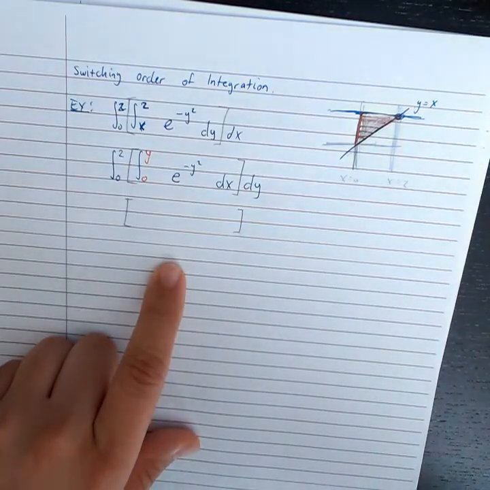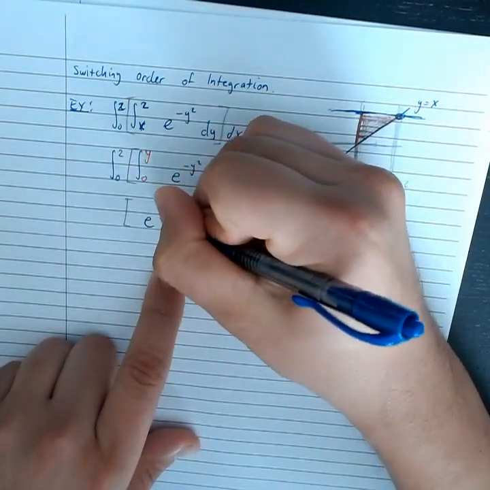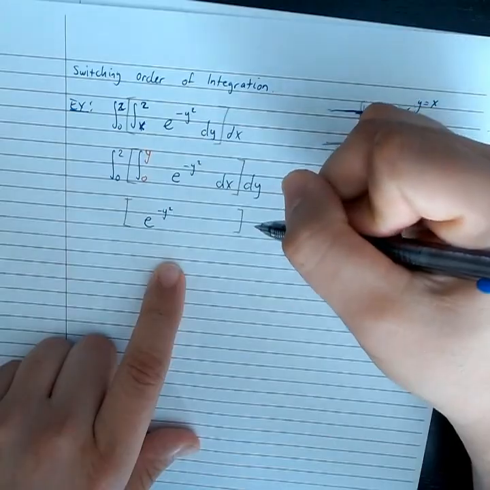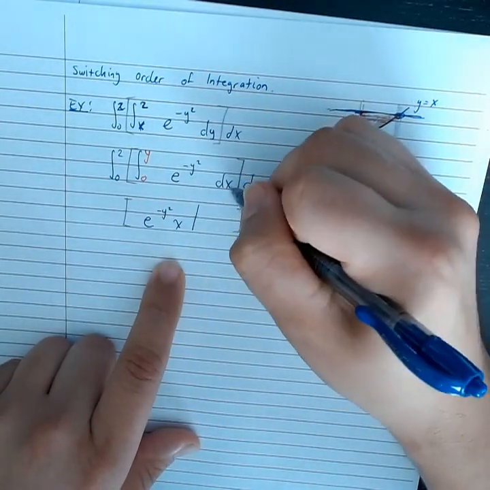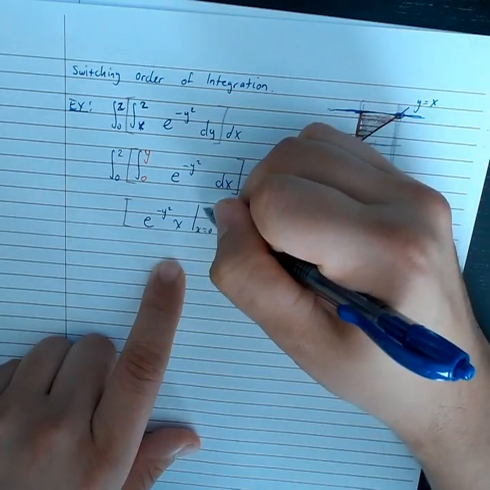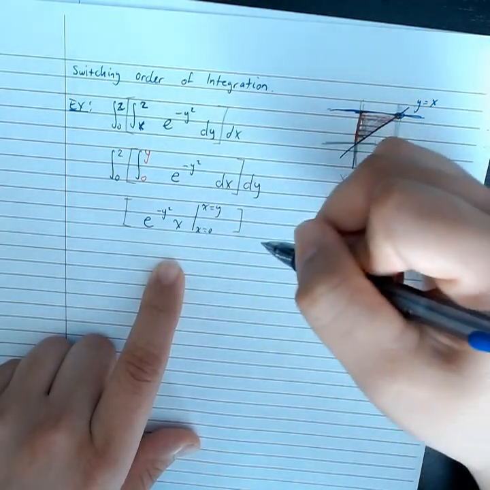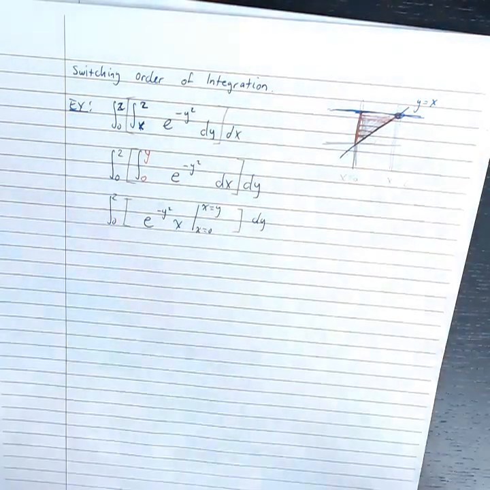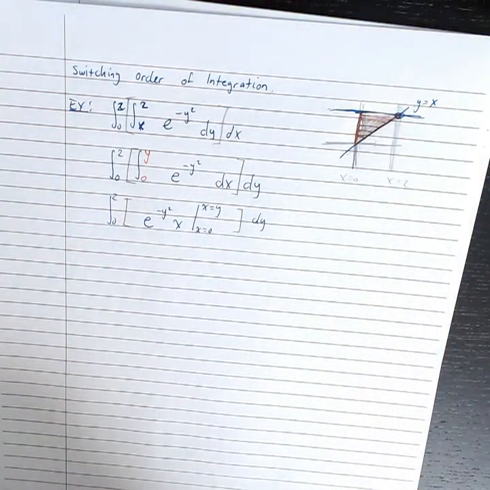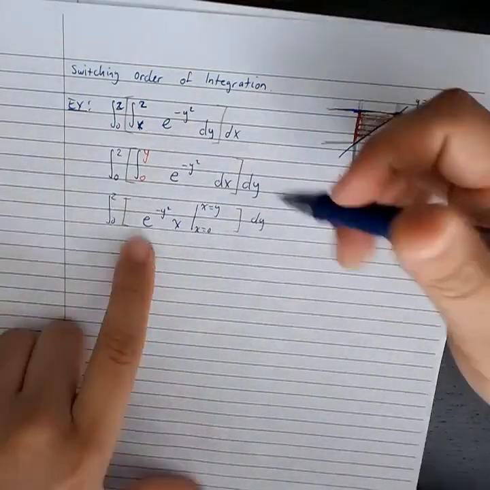This is now e to the minus y squared times x, evaluated from wherever x is equal to 0 up to wherever x is equal to y. I still leave that integral there. I haven't done anything with that yet. And now I'm substituting in x is equal to y and x is equal to 0. Here, let me do that off to the side.